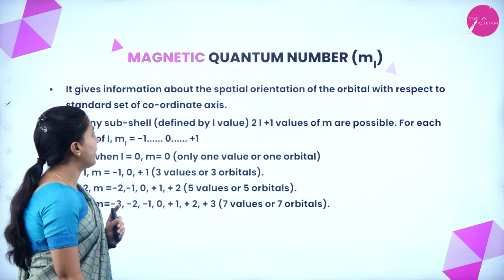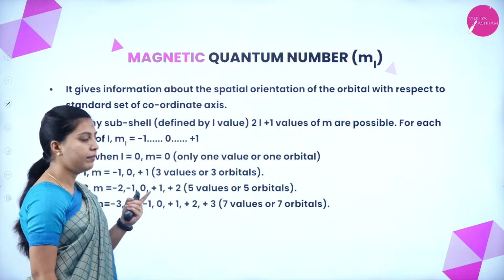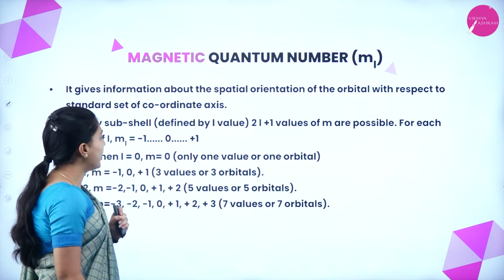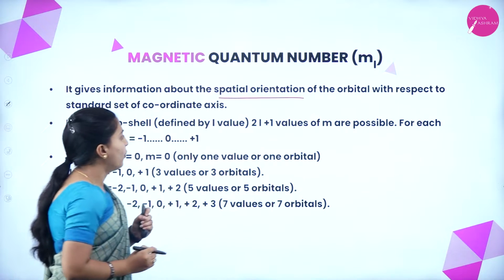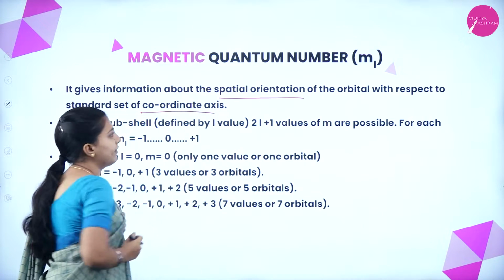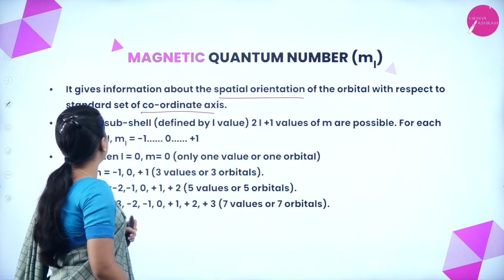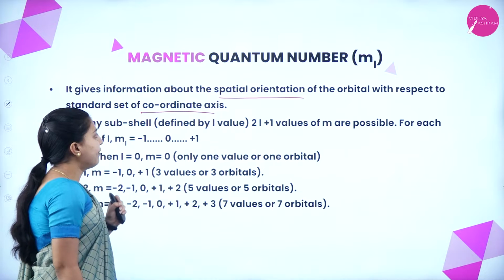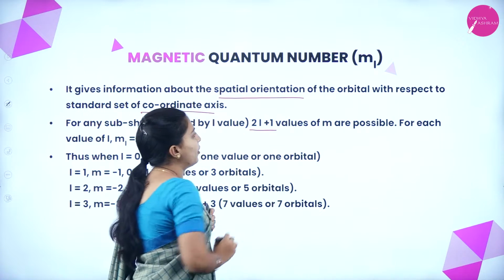Next, the magnetic quantum number, which will be designated as ml. It gives information about the spatial orientation of the orbital with respect to a standard set of coordinate axes. It explains the spatial orientation of the orbital. For any subshell defined by the l value, 2l plus 1 values are possible.